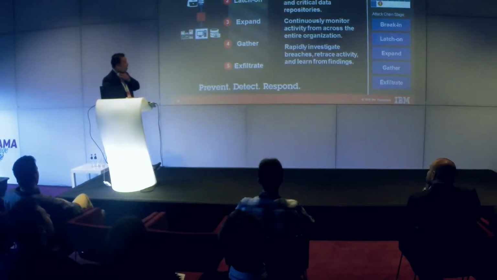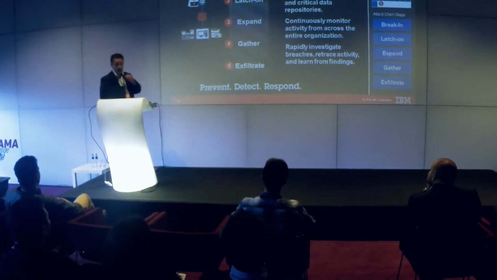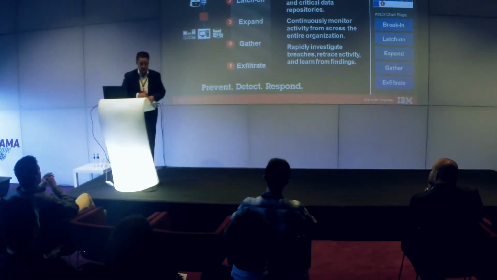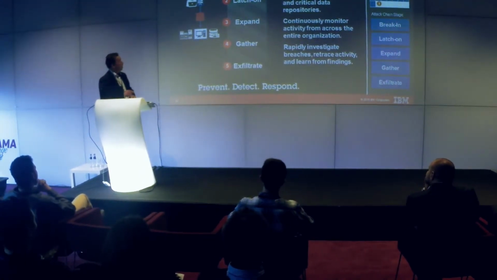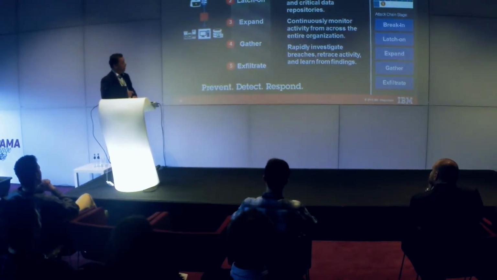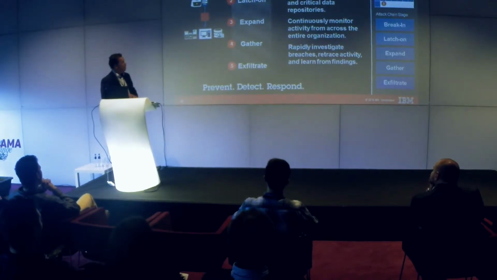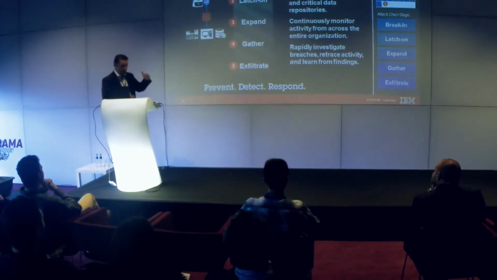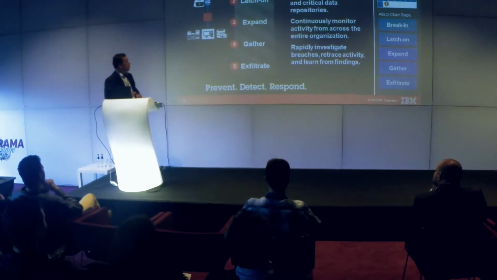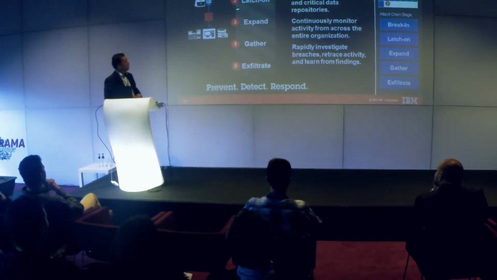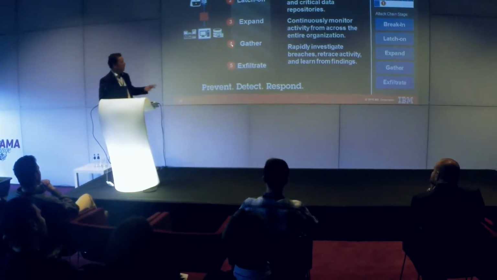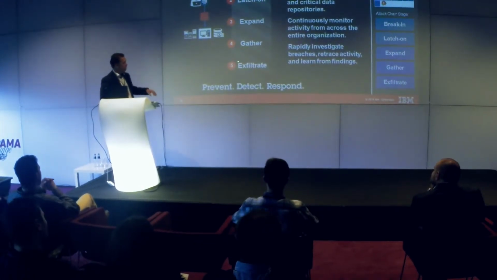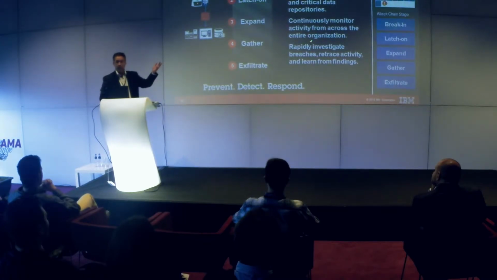So again, what the threat protection system does is try to break the attack at each and every point where the attackers are usually active: to break in, to latch on, expanding on the network, gathering information, and exfiltrate, when they are sending the data outside of our systems.